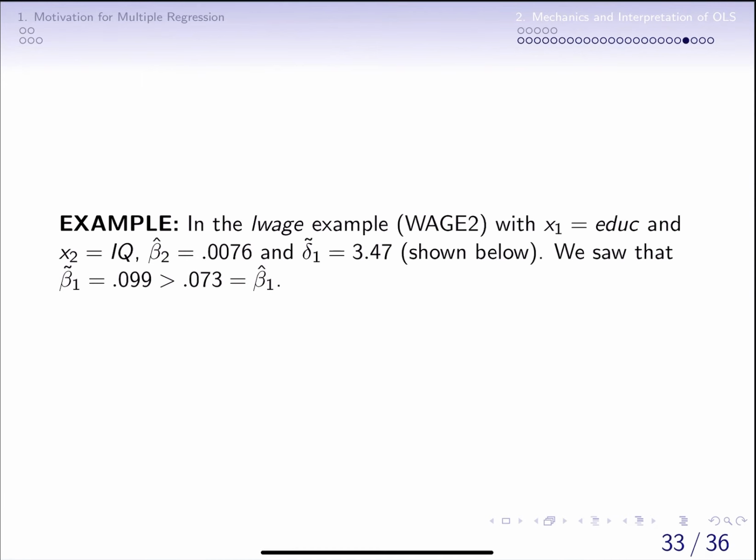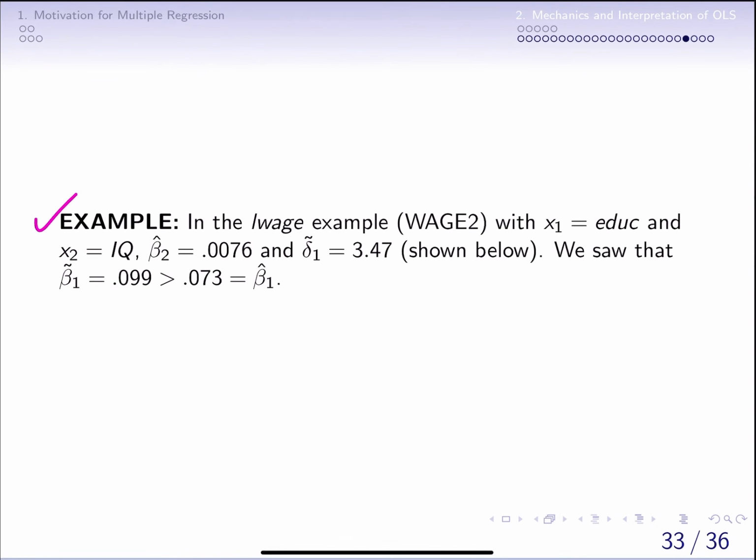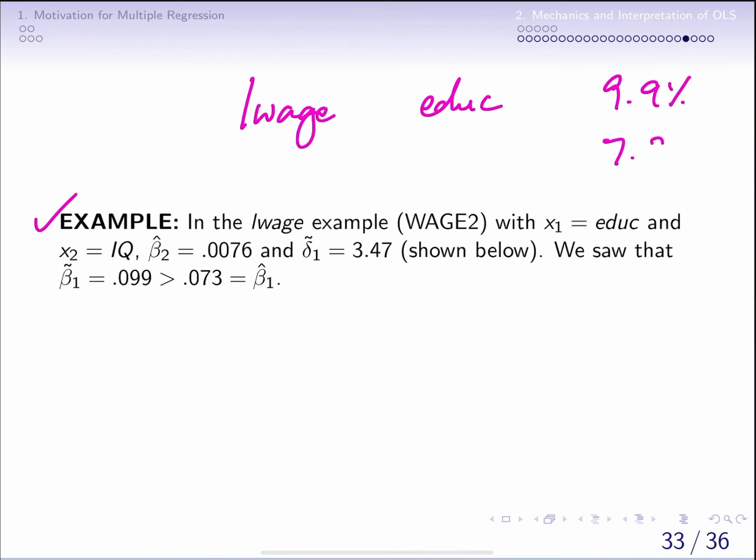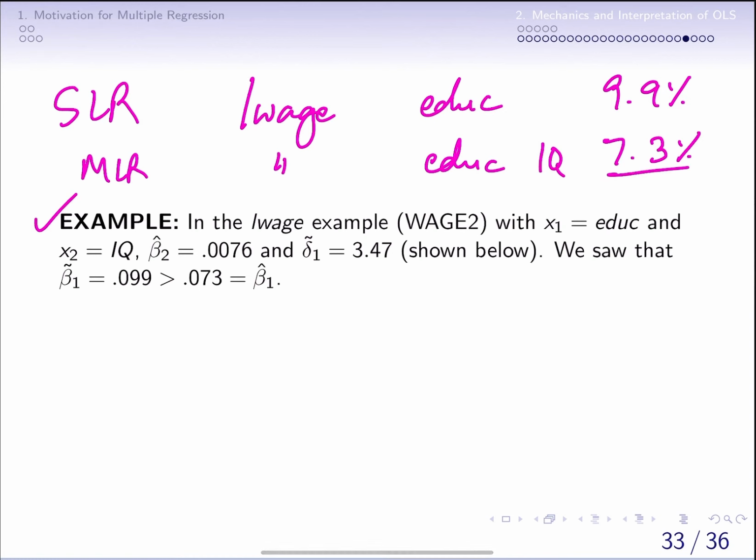Similarly, here is an example before we move on. We saw that when we only regressed log wage on education, the return was 9.9%, but it dropped to 7.3% when we introduced IQ as another variable, right? So this was the simple linear regression case, this was the multiple linear regression case, and the returns to education dropped to 7.3%.